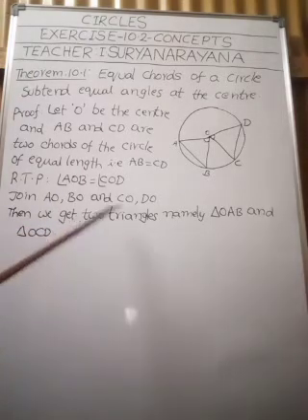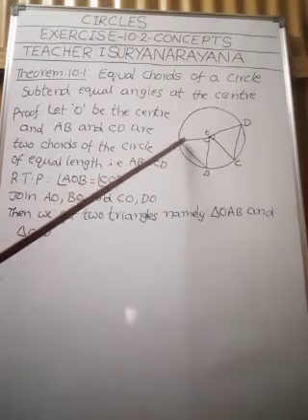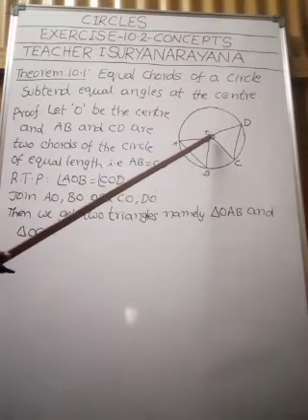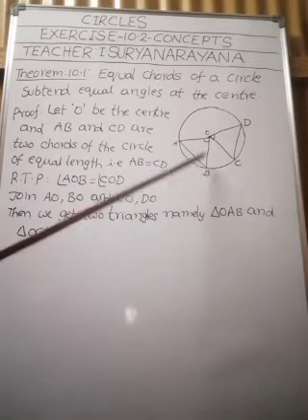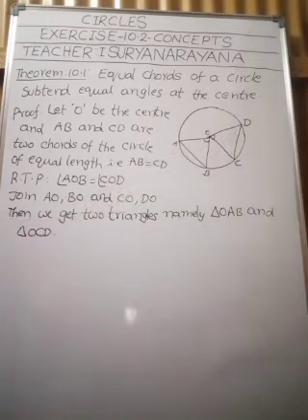Understood this step, my children? After joining AO and BO, CO and DO, we got two triangles, namely OAB and OCD. Yes or no, my children?